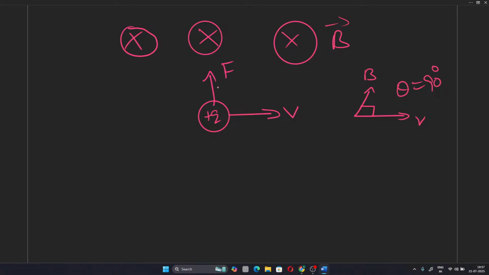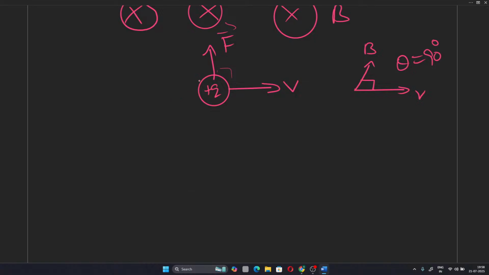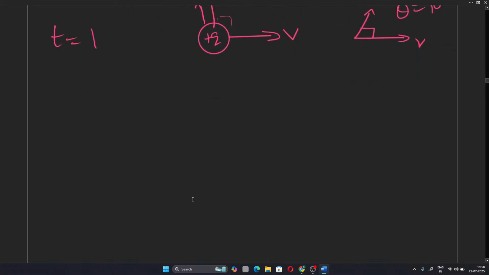This is the direction of force. It will be perpendicular to the velocity component, so the particle will go in this direction. It will move in this direction and there will be a change in velocity. This is t equals 1.